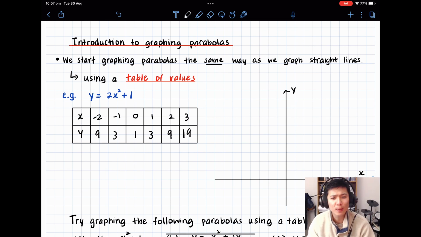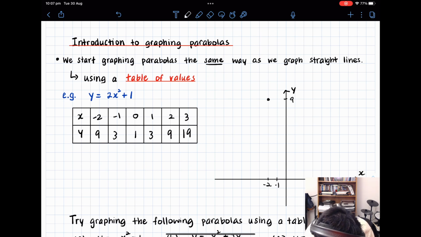Once we plug these things in, all I need to do is plot the points onto my graph and connect the dots. Let's actually do that. I've got -2, 9. So 1, 2, 3, 4, 5, 6, 7, 8, 9. So 9 is up here. We've got -1, 3.